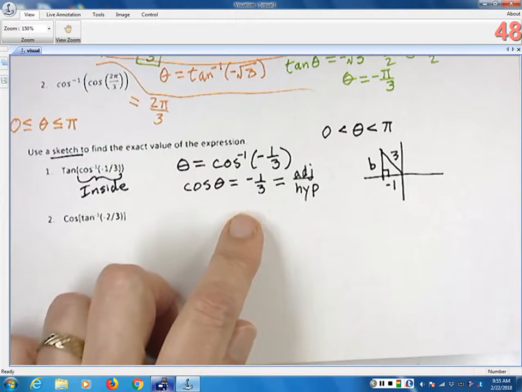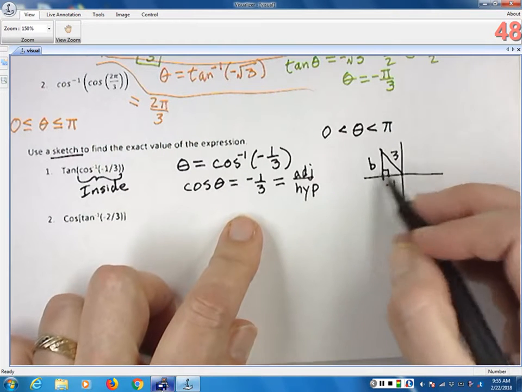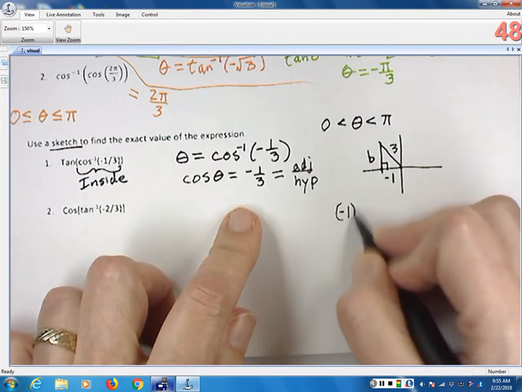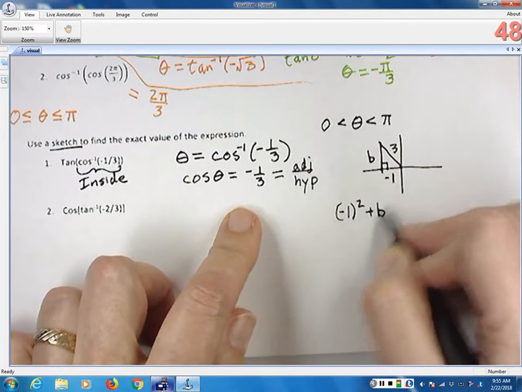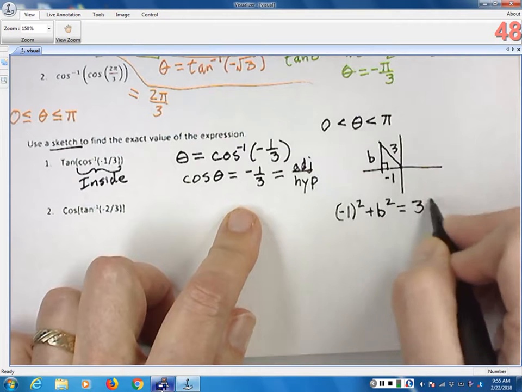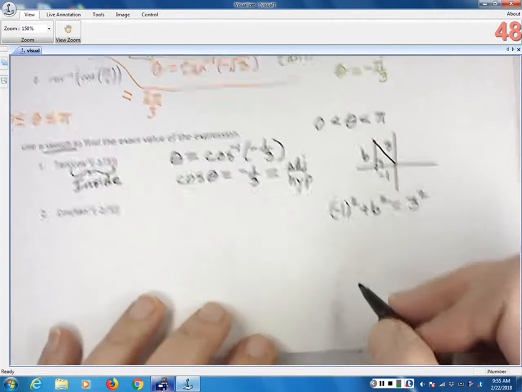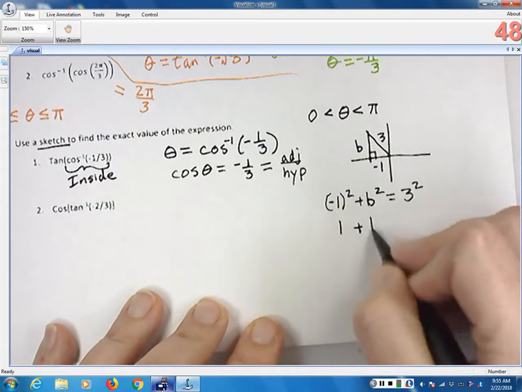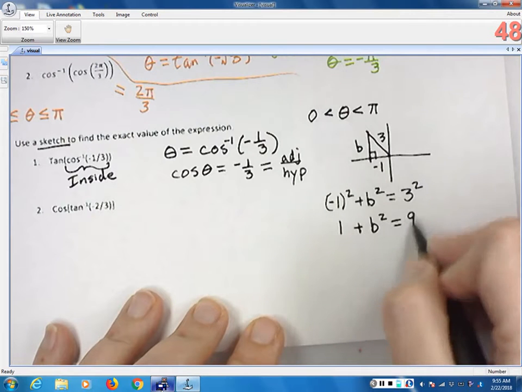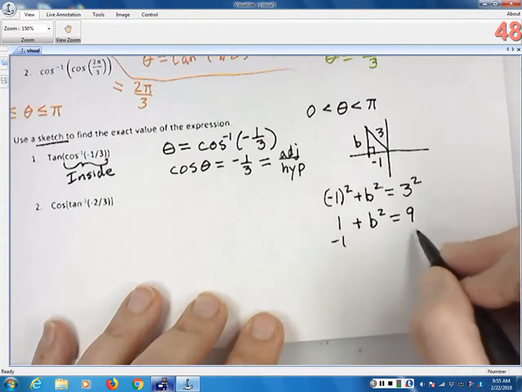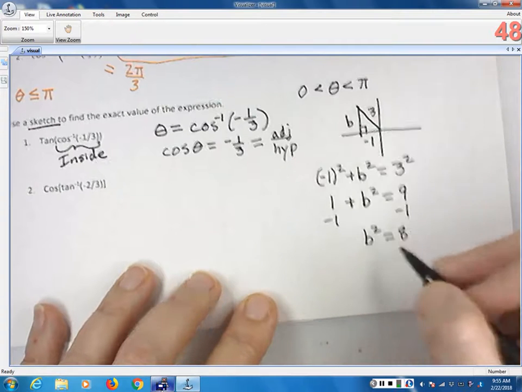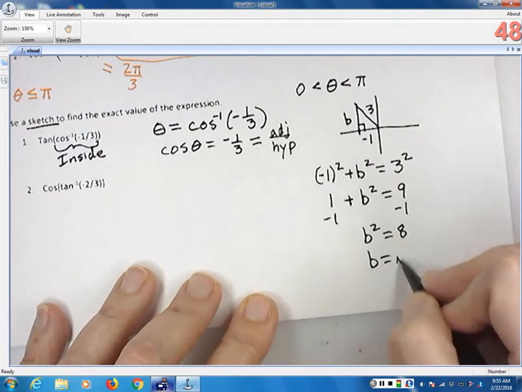Now we're going to take the Pythagorean theorem and say minus 1 squared plus b squared equals 3 squared. So 1 plus b squared equals 9, and we subtract the 1. b squared equals 8, and then b equals the square root of 8.